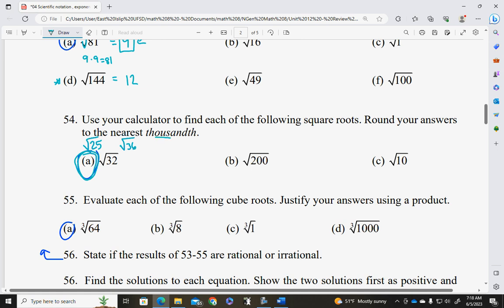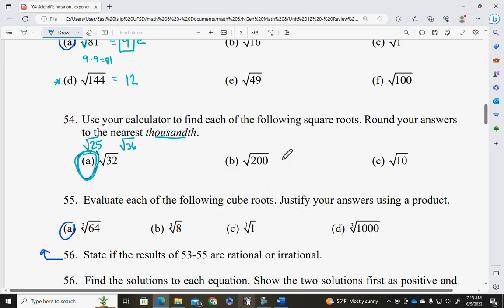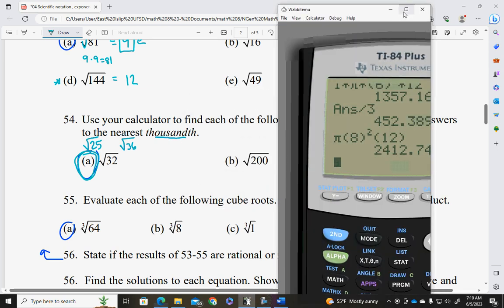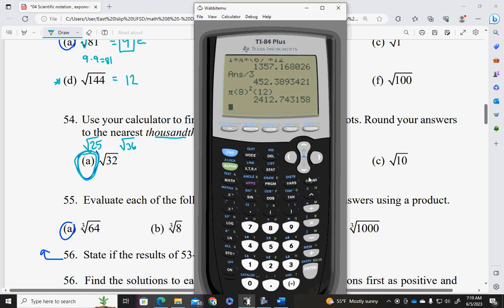It does say round to the nearest thousandth, so let's open up that calculator of ours. And on my calculator, I want to do the square root of 32.